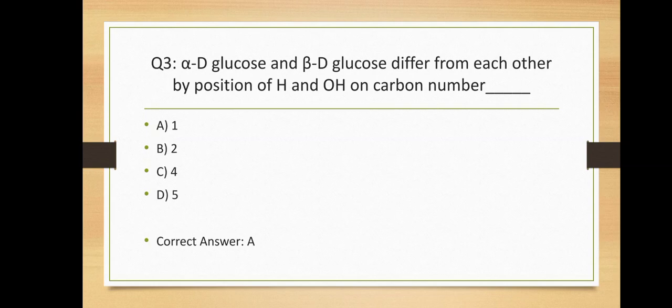Means in cyclic form, carbon number 1 is the anomeric carbon atom, and the position of hydrogen and hydroxyl ion on carbon number 1 specifies the alpha as well as beta D glucose. So the correct answer of this question is option A.